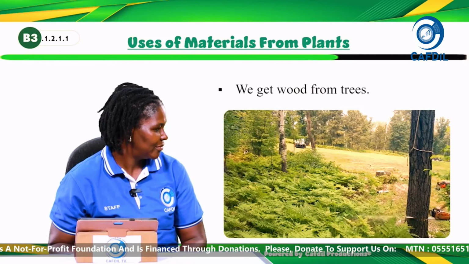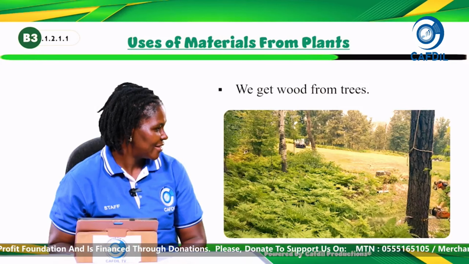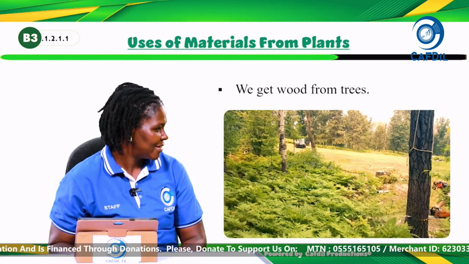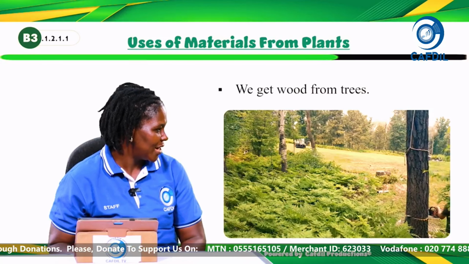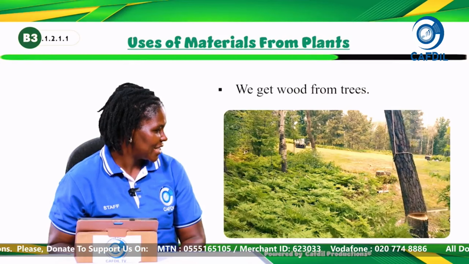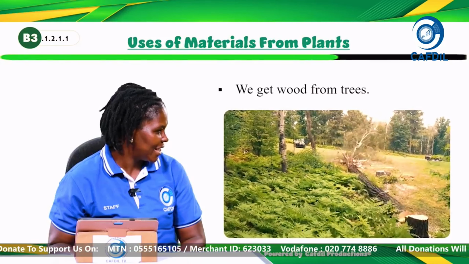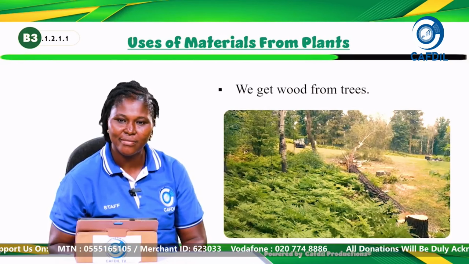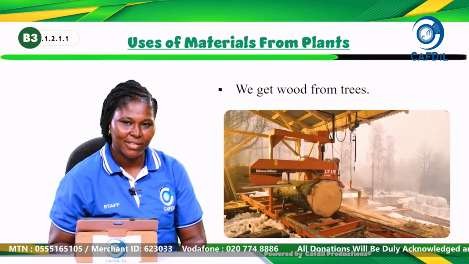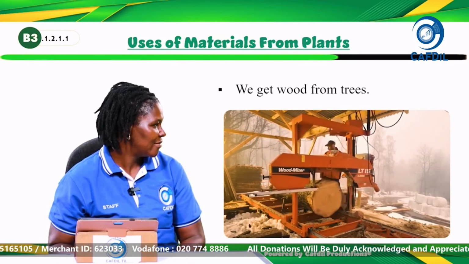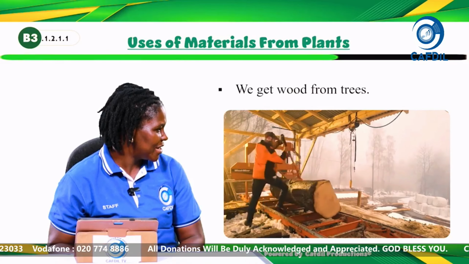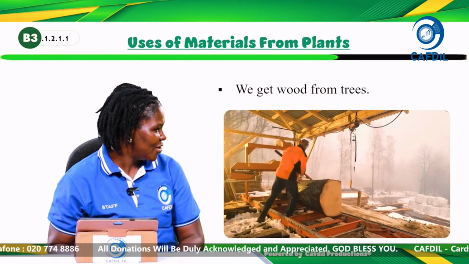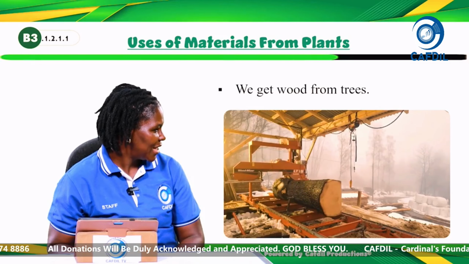Look at it. Yes. He has cut the other side, so he has to cut this one, and the tree is falling down. Look at it. It has fallen. That is how we get wood from trees. After that, they bring it to their factory and look at how they get the wood.